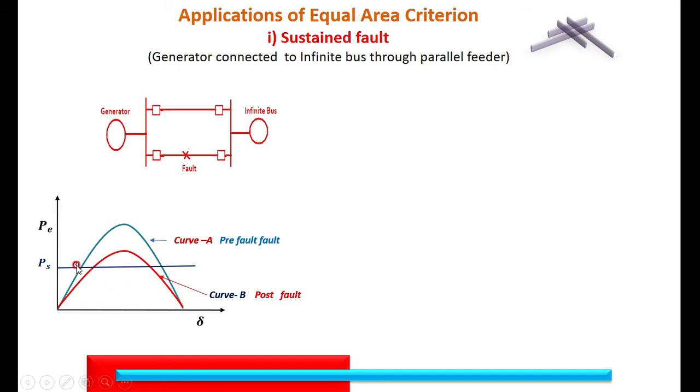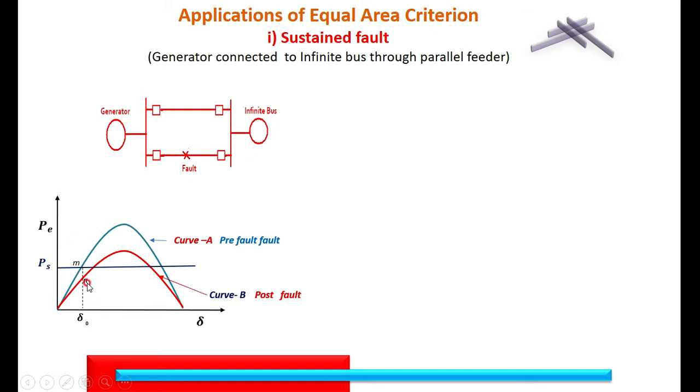Before the fault occurs, the generator is operating at point M. Subsequently, when a fault occurs and the fault is cleared immediately, so that this line is taken out of service, the operating point shifts from M to N. Previously it is operating at M, then it shifts to N, because the output of the generator is reducing, since the reactance from generator to infinite bus is increased.